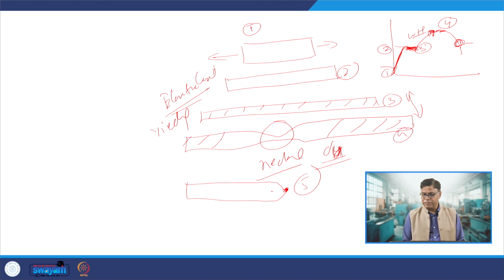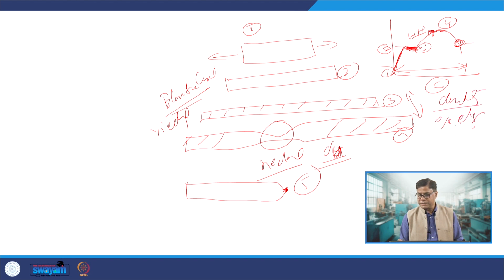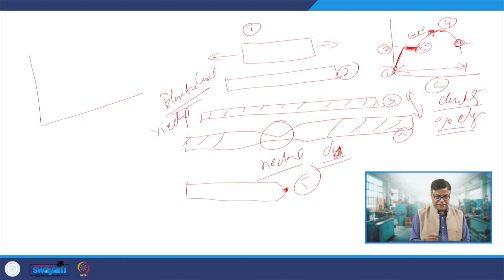So the total change in the dimension in terms of the strain indicates the ductility. We measure it in terms of percentage elongation. How far we are able to increase the length, how far we are able to deform the metal prior to the fracture, that indicates the ductility.